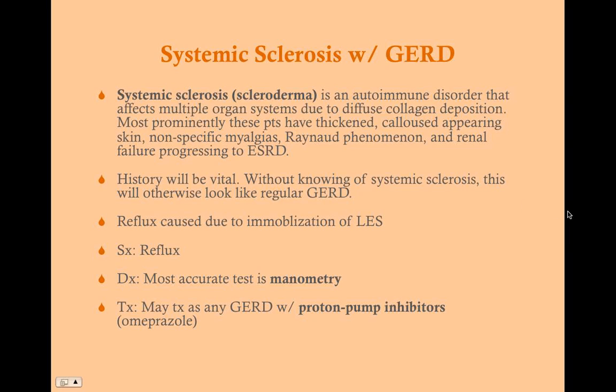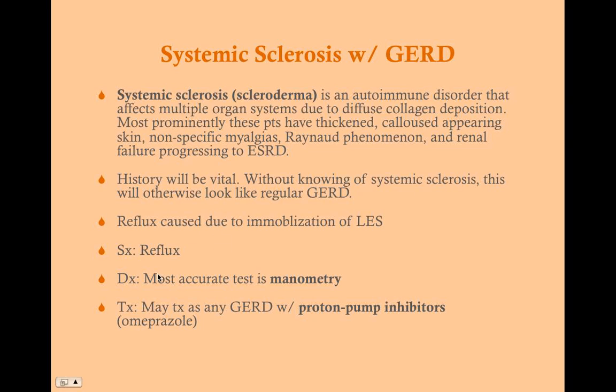If you have perpetual relaxation of your lower esophageal sphincter, it's going to be the opposite of achalasia. Remember, achalasia is where you can't relax, meaning you've got a constricted lower esophageal sphincter. This is the opposite. It's too relaxed. And so what happens is the contents of the stomach are going to splash up into the esophagus. That's classic GERD. But this GERD is different because it is caused by a deposition of collagen in the lower esophageal tissue.